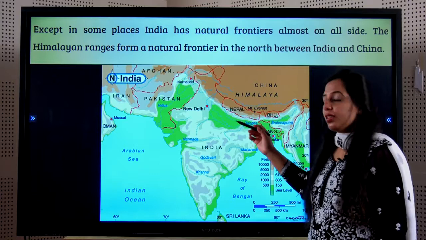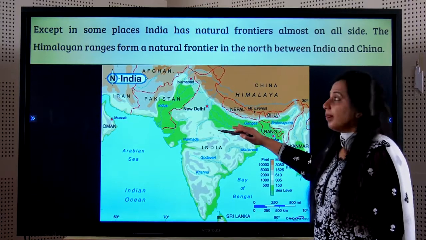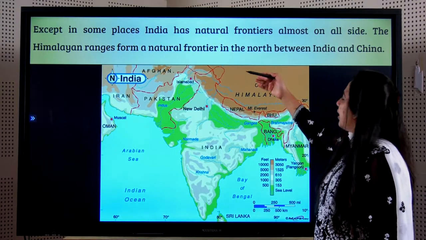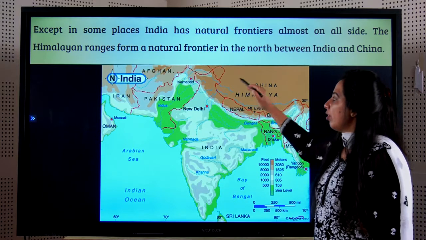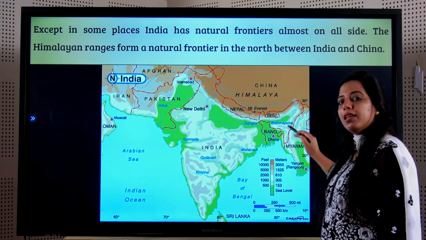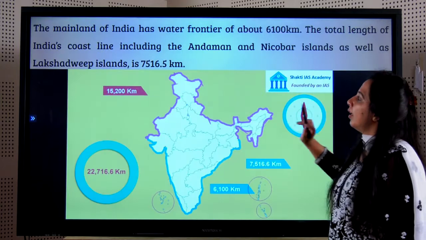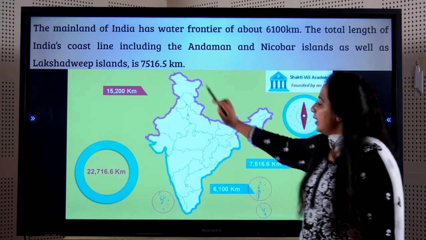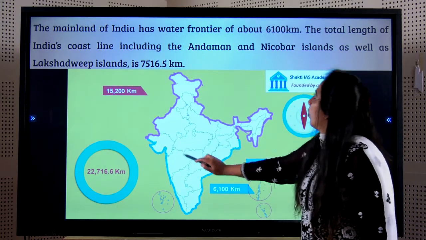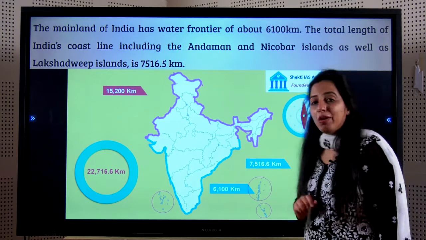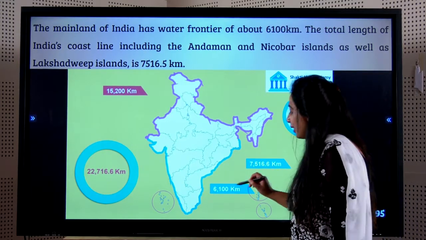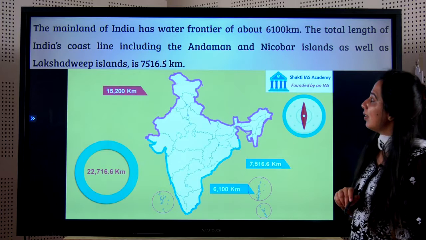Like for instance, between India and China, we have the natural frontier of the Himalayan mountains. The mainland of India has a water frontier of about how many kilometers, you guess? 6,100 kilometers.